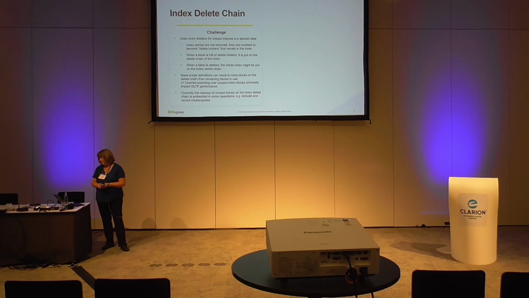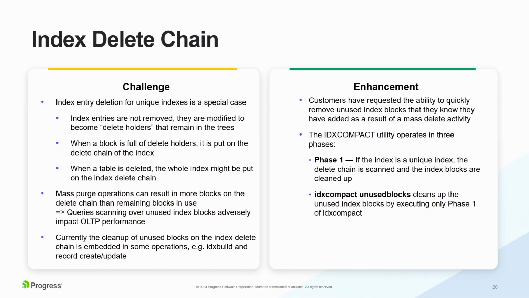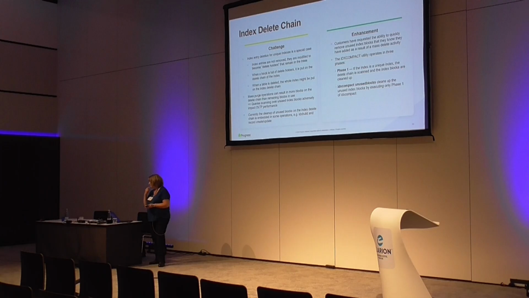So we've been asked several times to give you a way to do this, because this will become problematic, like when you've done a mass delete. So Index Compact has 3 phases, and it turns out that the first phase of Index Compact actually goes through and cleans up this delete chain.